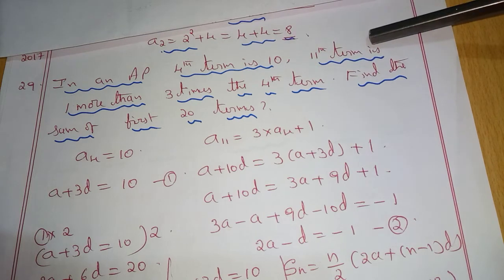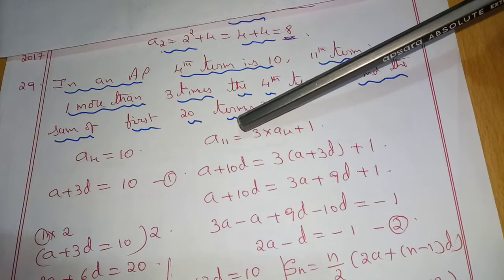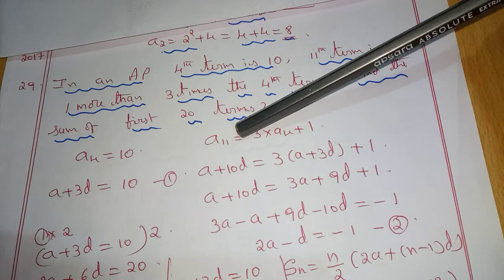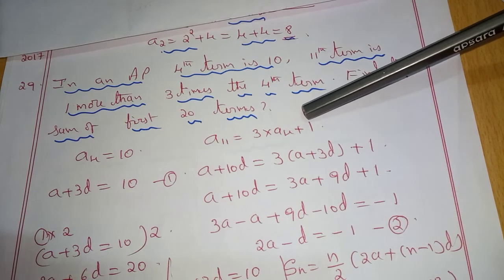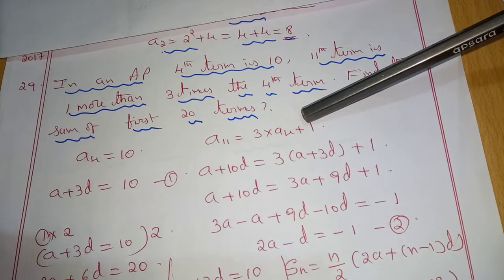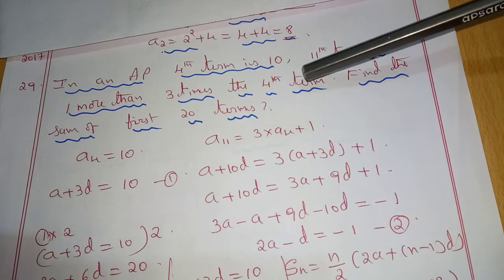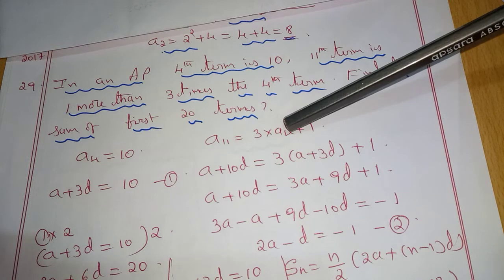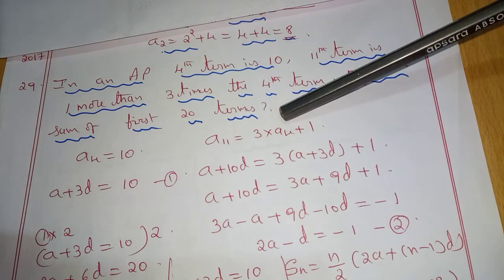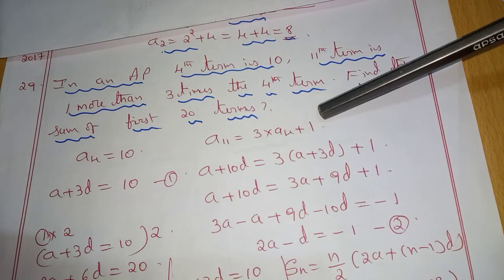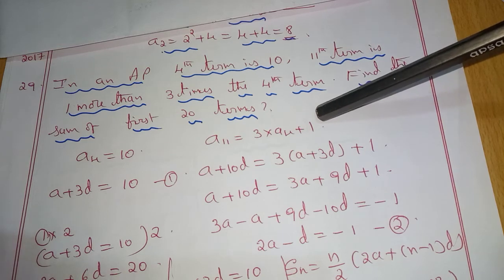Then 11th term is A11 is equal to 1 more than, more means always adding, plus 1. 3 times means 3 into. Fourth term means A4. A11 is equal to 3 into A4 plus 1.